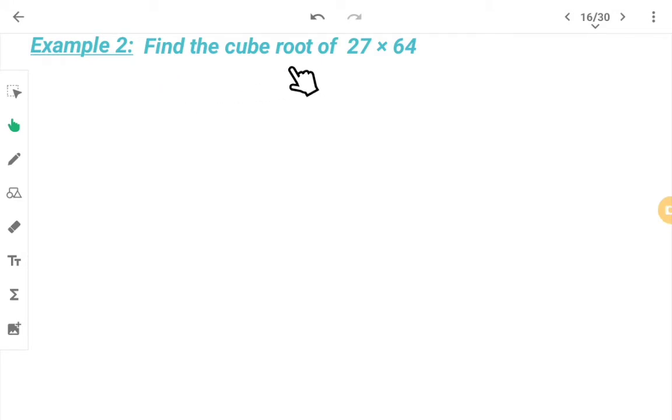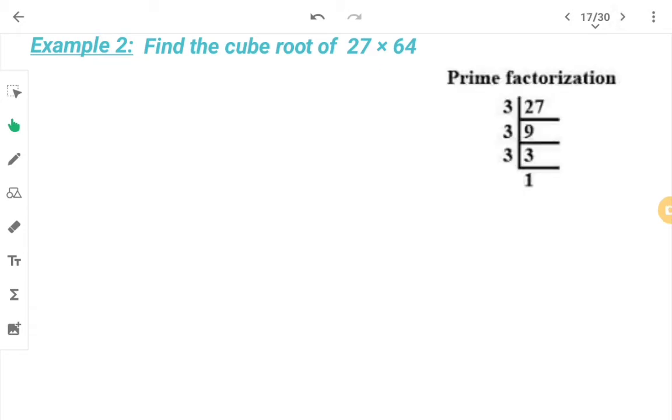Find the cube root of 27 into 64. First we are going to find the prime factorization of 27. So 3 9s are 27, 3 3s are 9. Then the prime factors of 27 are 3 into 3 into 3.